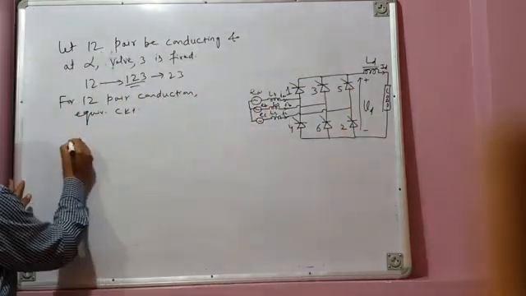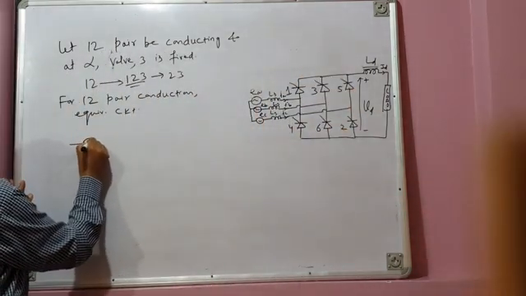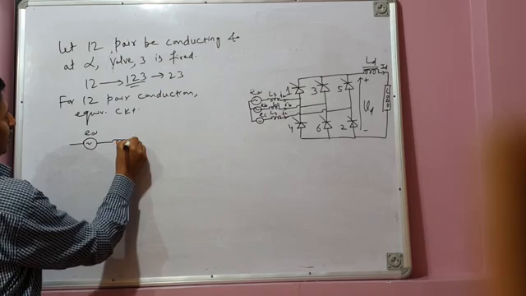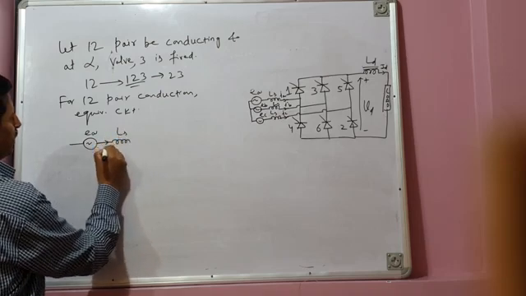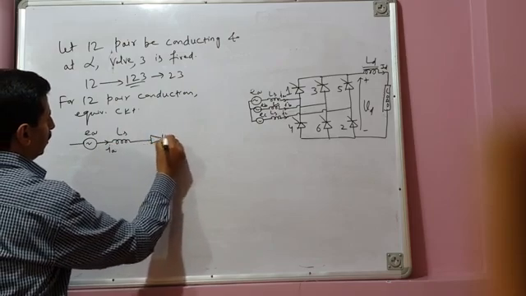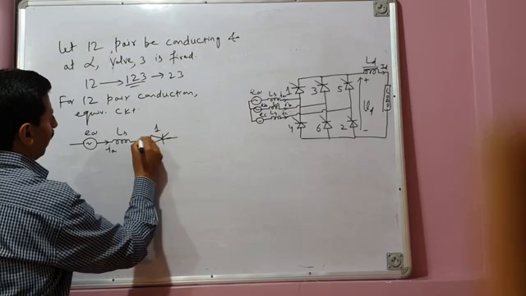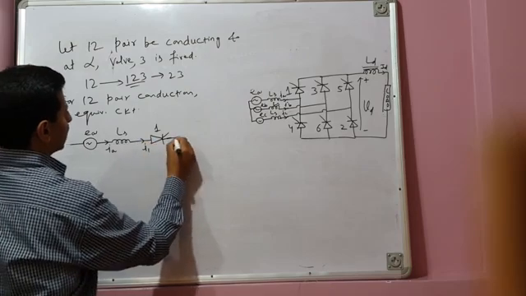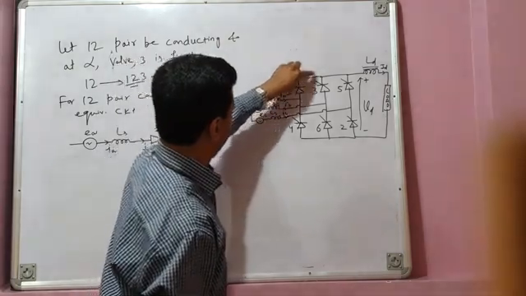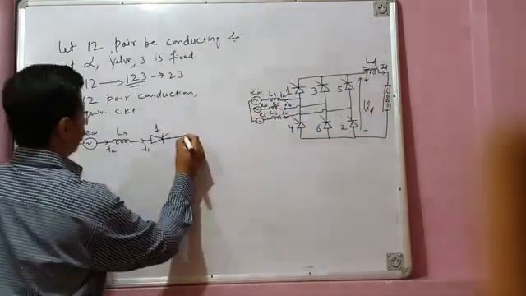This is the phase voltage or line to neutral voltage EA, this is the source inductance LS, this is the line current IA, and this is valve 1 which is conducting, and let's call the valve current I1. So EA, LS, 1, and then it directly gets connected to the load.